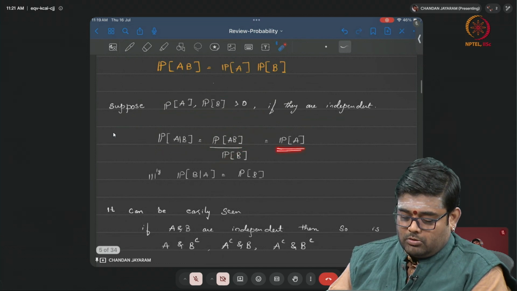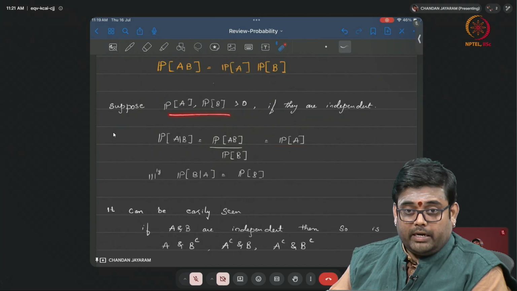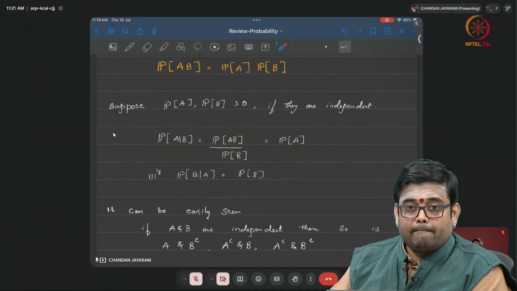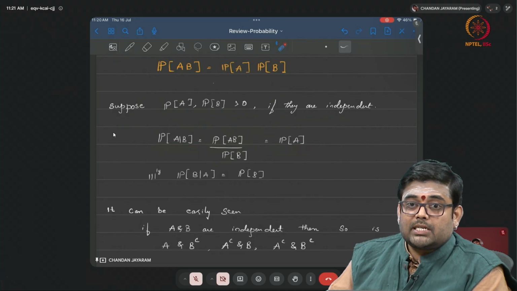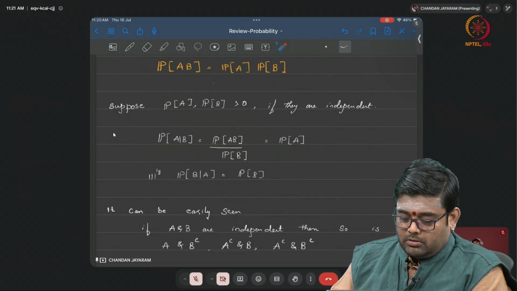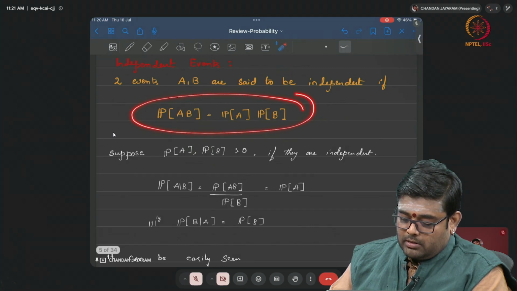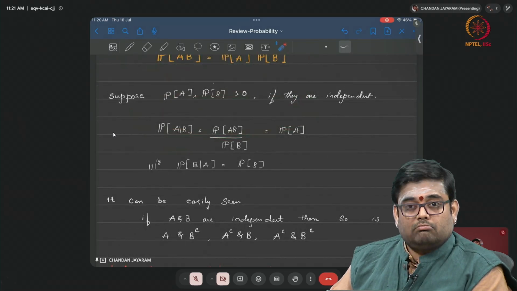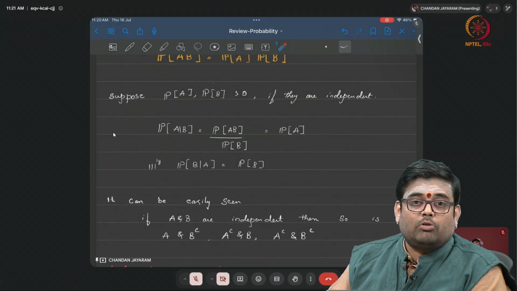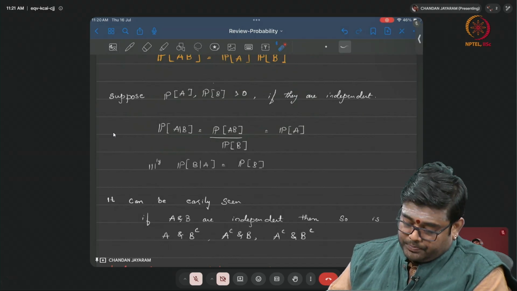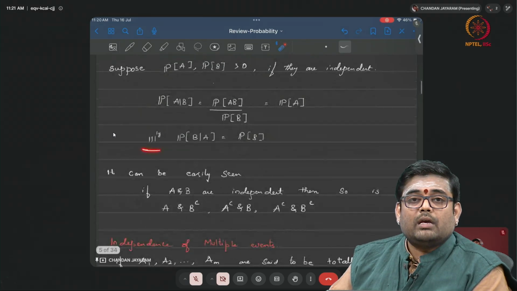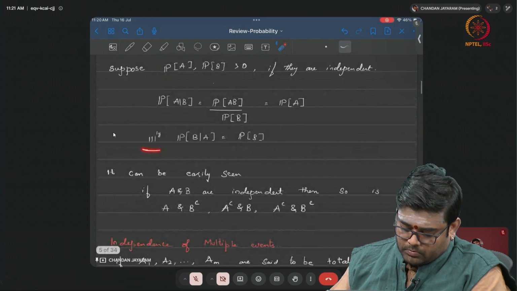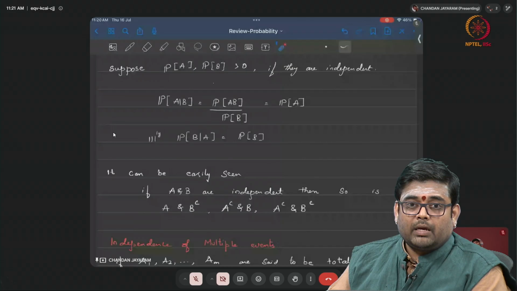Because of which, if A and B are independent, the conditional probability and the unconditional probability will be the same. This is a consequence of the definition. And similarly the same thing can be applied for B given A, so you can get a similar result.